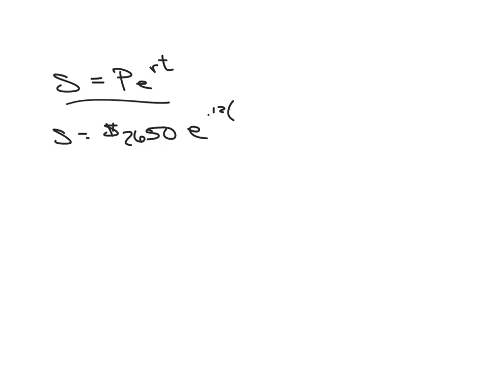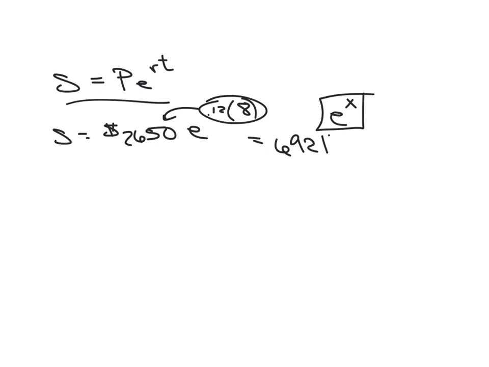And how long is that? For 8 years. Okay, going to figure that out. Multiply those two together. Take the E value using this button on your calculator. Multiply that by 2650. And you should get $6,921. Okay, so that's pretty much it there.